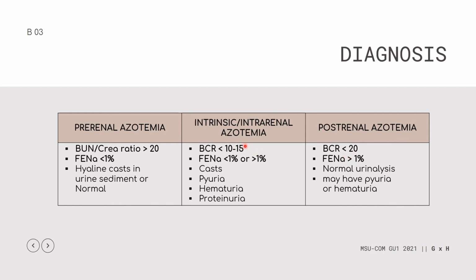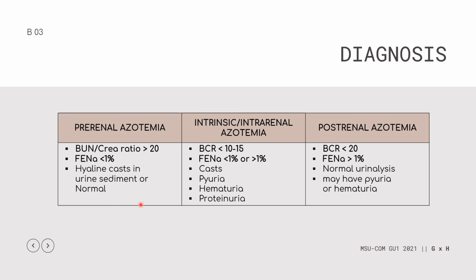In intrinsic or intrarenal azotemia, the BUN creatinine ratio is less than 10 to 15. For the fractional excretion of sodium in pre-renal azotemia, it is less than 1%, while it is greater than 1% in postrenal. Then for intrinsic azotemia, it could either be less than or greater than 1% depending on the nature of the disease.